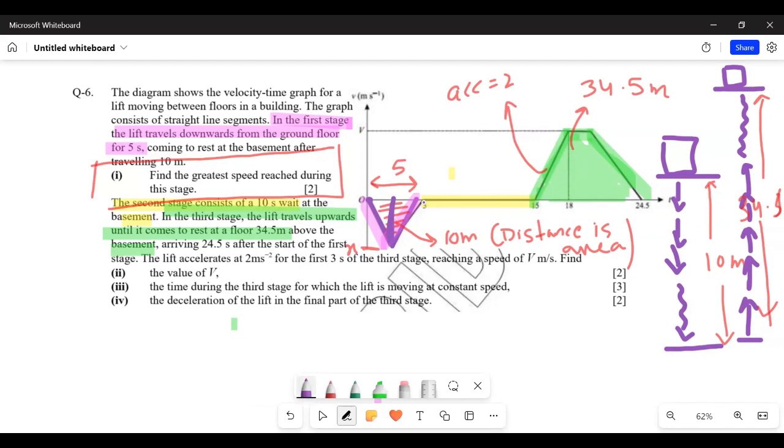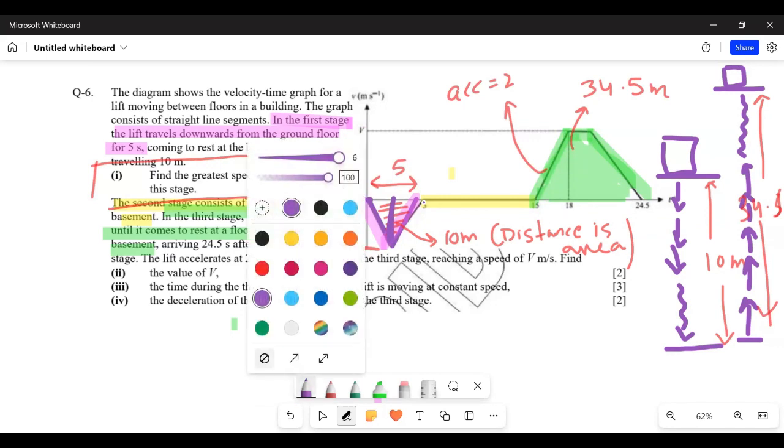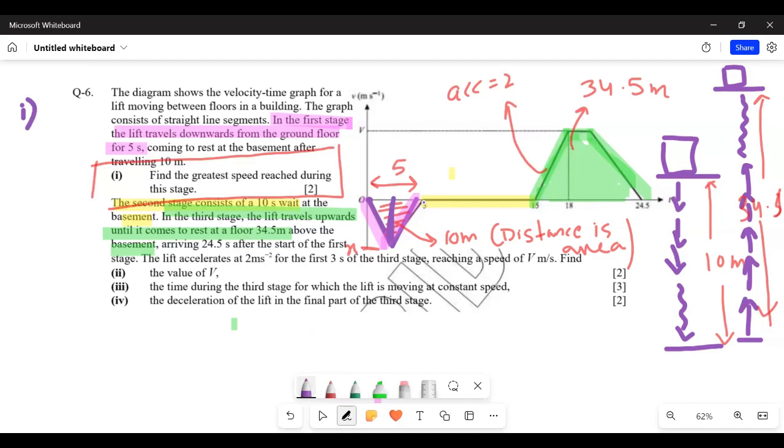So we can use the formula for area. So for part 1, you will do area equals half times base times height. Area is the distance. So 10 equals half times 5 times x. So x equals 4.